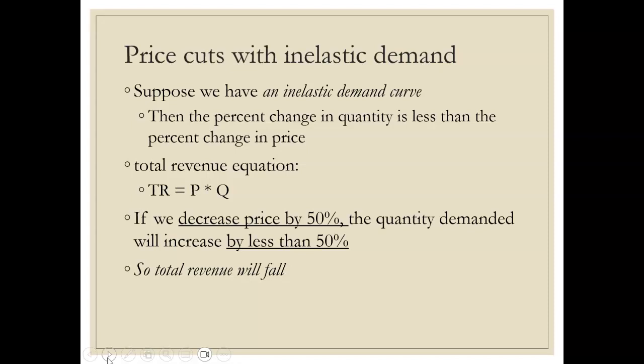But the increase in quantity sold is a smaller percentage increase than the decrease in price. That means P goes down by 50%, but Q goes up by less than 50%. So their product is less. Total revenue falls.